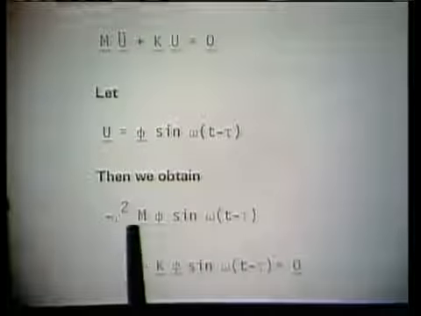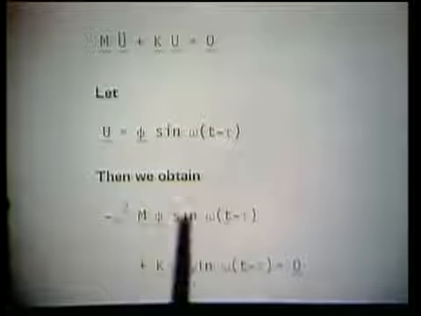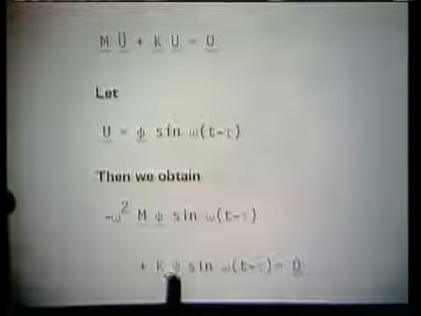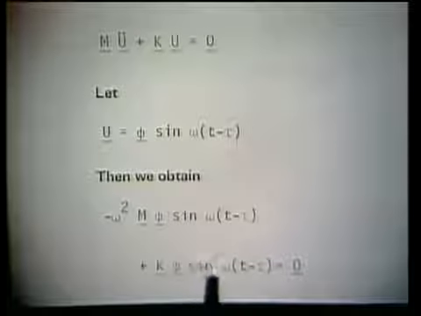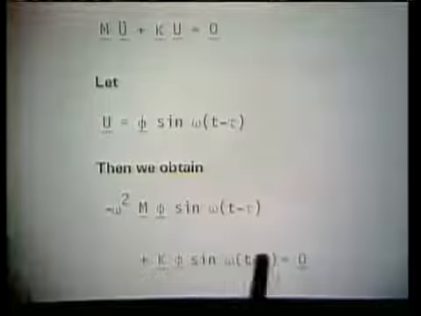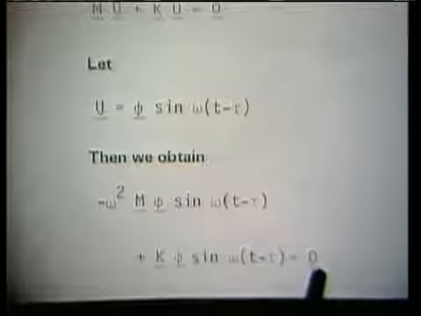We have a minus omega squared M phi sine omega t minus tau for this part here, and for this part Ku, we obtain K phi sine omega t minus tau by simply substituting from here into there. And of course, the sum of these two must be equal to 0.